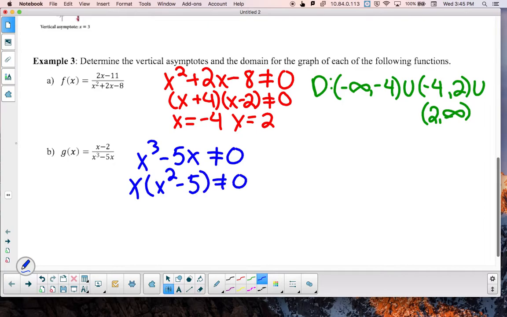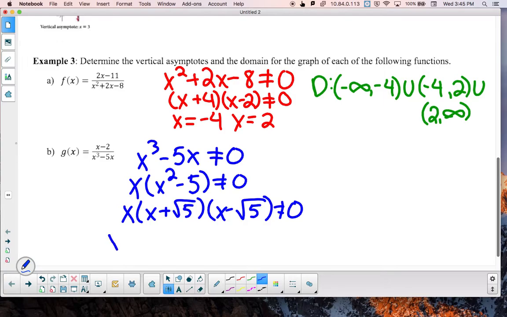At this point you can set x squared minus 5 equal to 0, or we can factor this to be x plus square root of 5 and x minus square root of 5. And so then our asymptotes, we can't forget that this x on the outside, we also have to set not equal to 0, so we would have a vertical asymptote at x equals 0, x equals negative square root of 5, and x equals square root of 5.